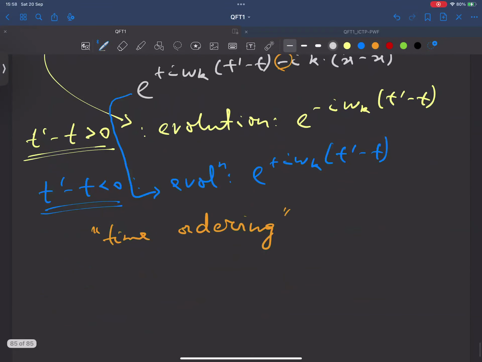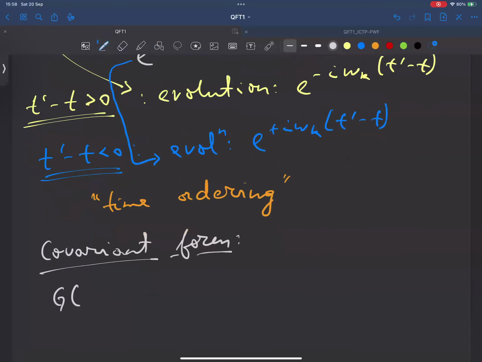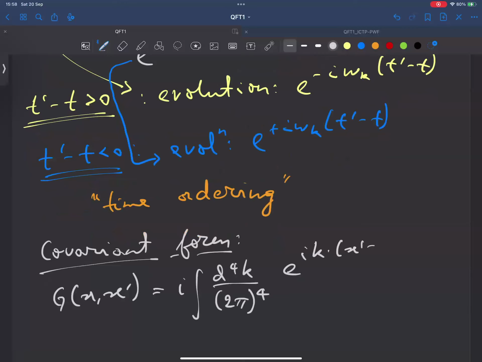Now let's write down a covariant form of this propagator, and then we will see how to use complex analysis. G of x minus x prime is, in 4-vector notation, an integral of e to the power minus i k dot (x minus x prime) over k square minus m square. This i will play a crucial role when we evaluate this using contour integrals in the complex plane.